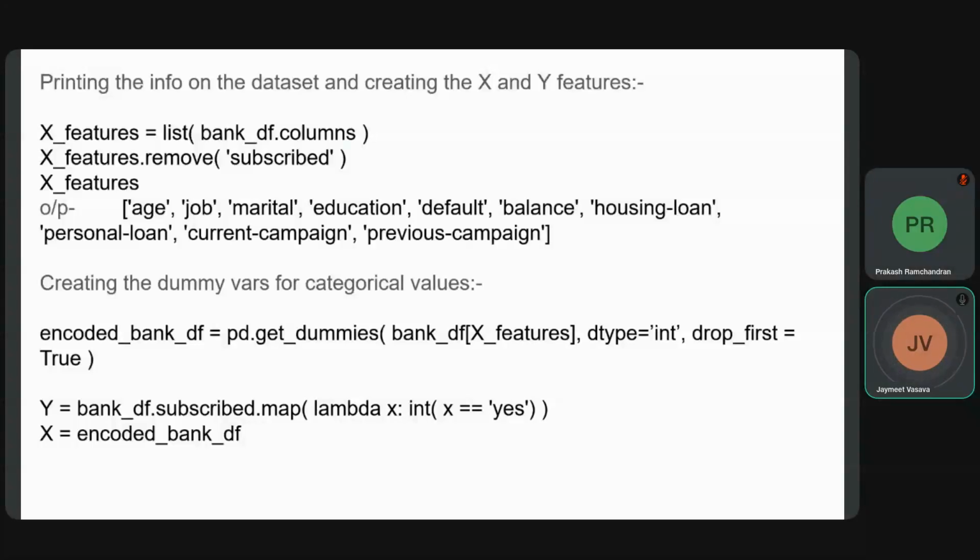And the Y will be the subscribed column, using the map function to keep only the yes values as 1 in the subscribed bank DF.